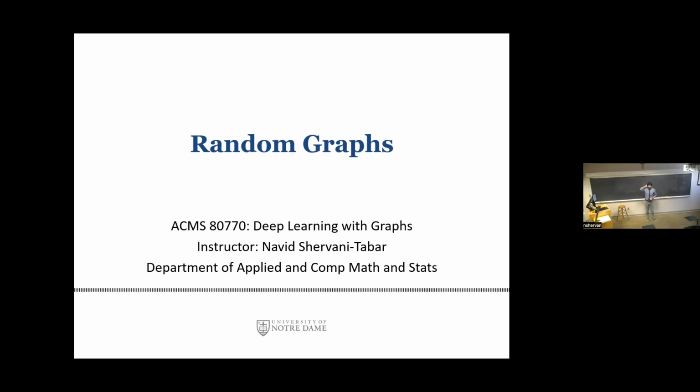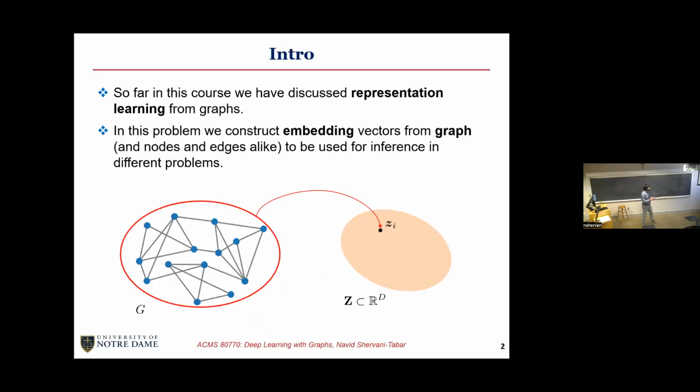Okay, so today we're going to start a new topic called random graphs. So far in the semester, we were studying methods for learning graph representations. The idea was that we had a graph, and using some algorithm, we wanted to construct a representation of this graph as a real valued vector.